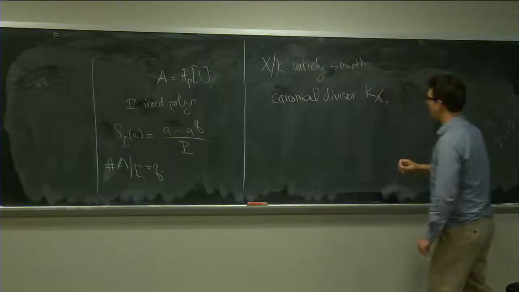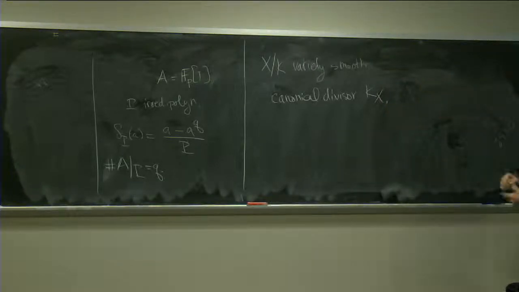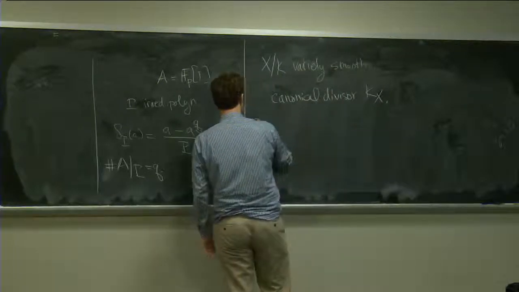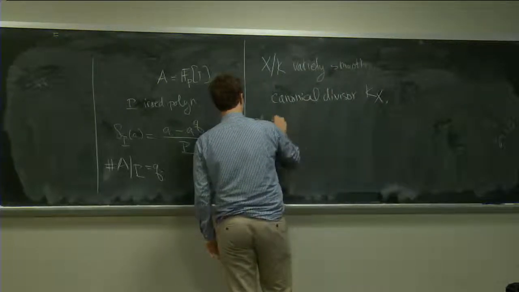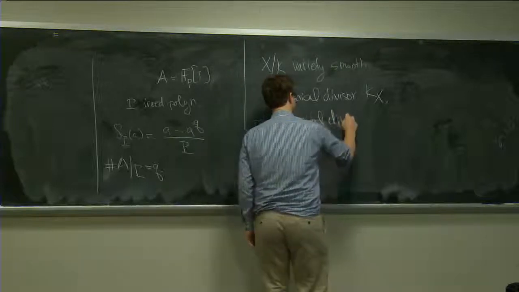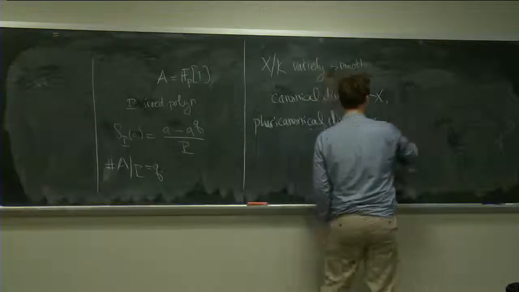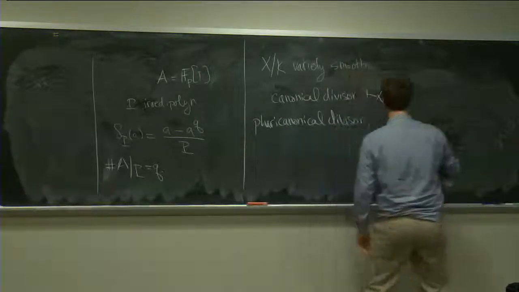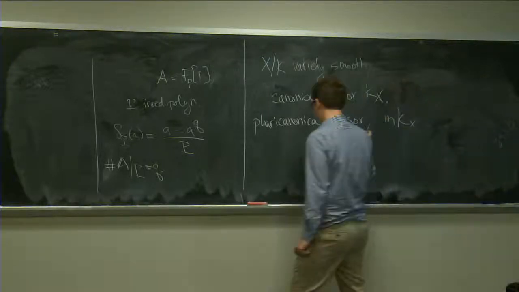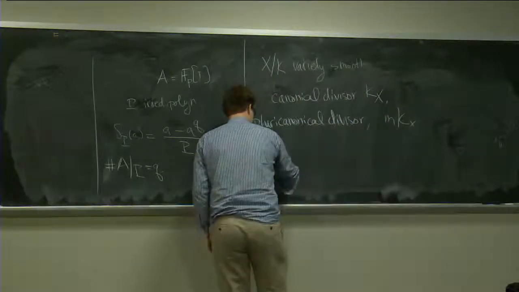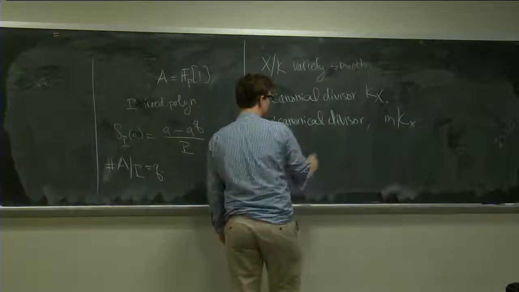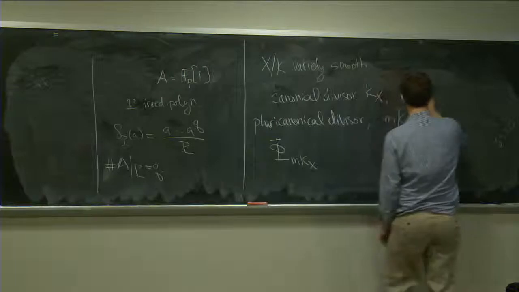There's also a pluricanonical divisor. It's really just m times K of X, a fancy name for taking a multiple of it. To this pluricanonical divisor you can take phi of m K of X, when this is base point free.